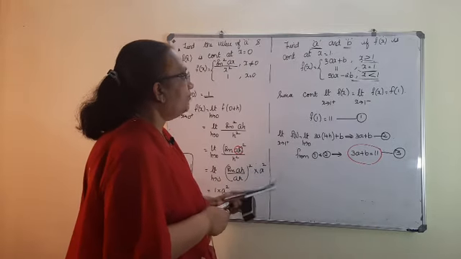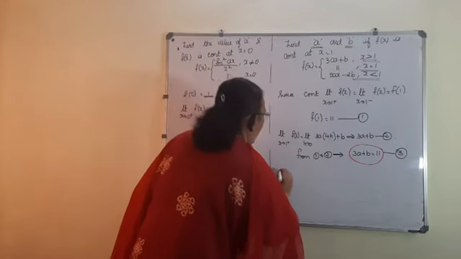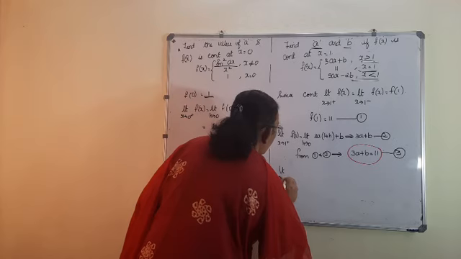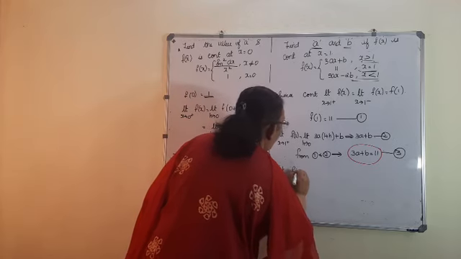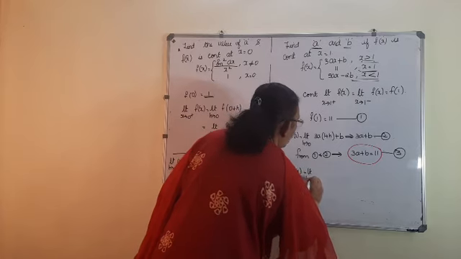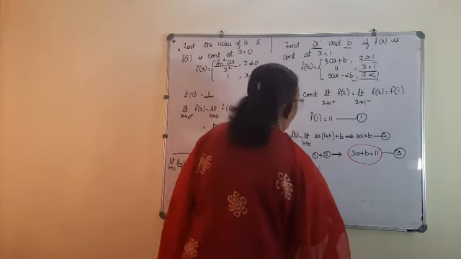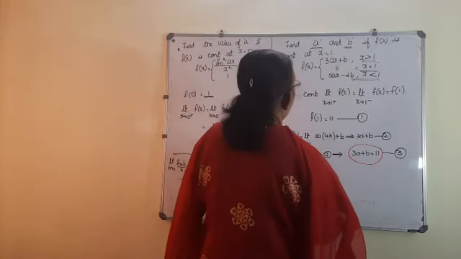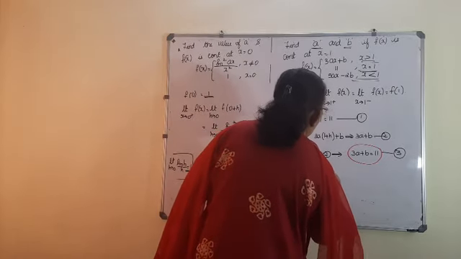Now you take the left limit. Limit x tending to 1 minus f of x is equal to limit h tending to 0 of f of 1 minus h.